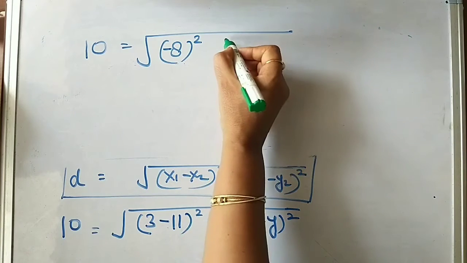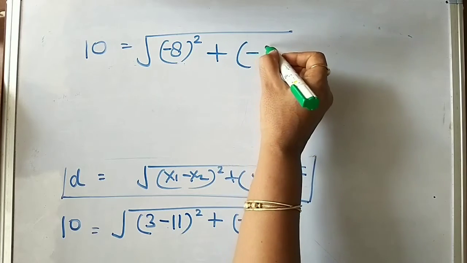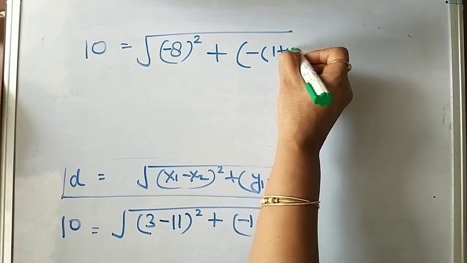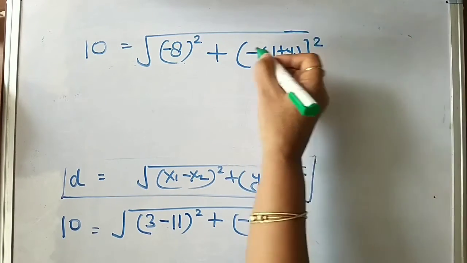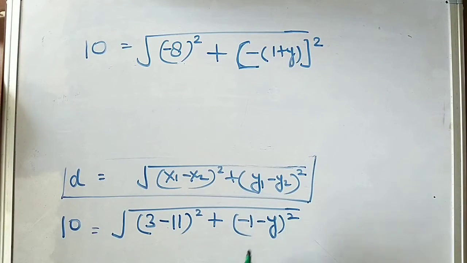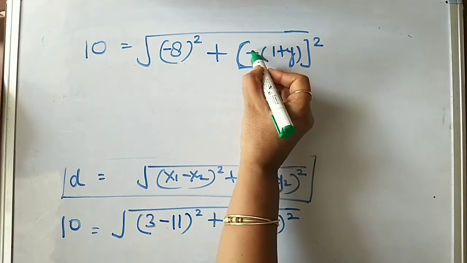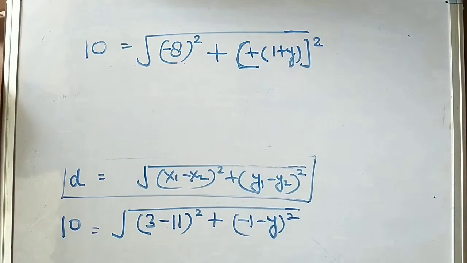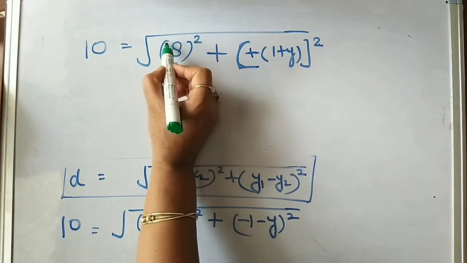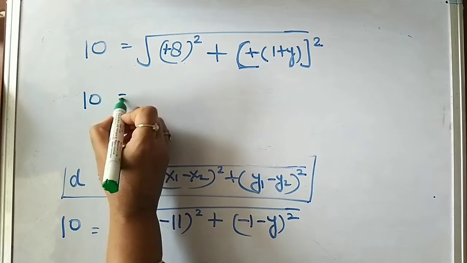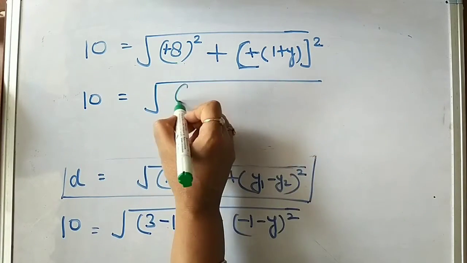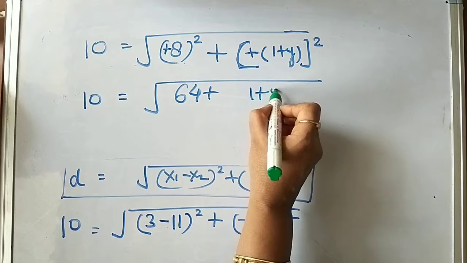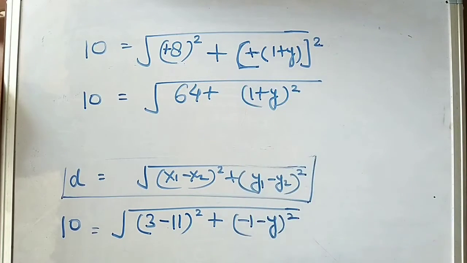So can I take plus? I am taking minus common here, so it is 1 plus y whole square. Correct? So this minus because of this square will become plus, and this minus because of this square will become plus. Correct? So it will be 64 plus 1 plus y square.